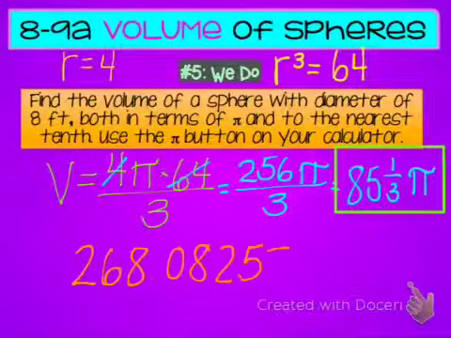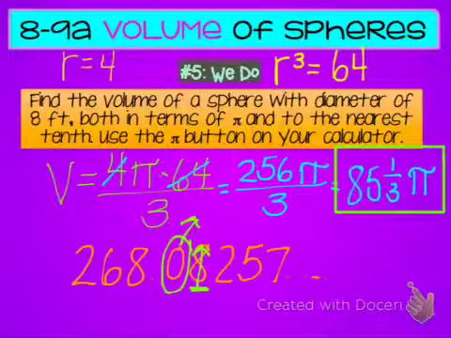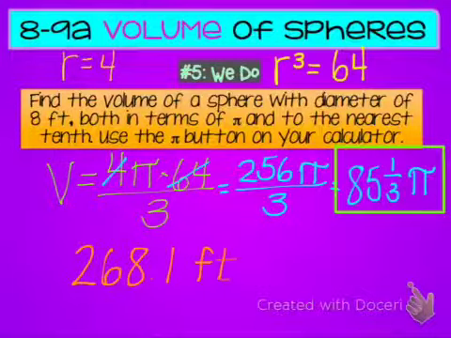So we want to take a look at our 8 to determine what to do here. 8 is bigger than 5. So we want to round 0 up to 1. So it's 268.1, and we are in feet, and they're cubic because we're still doing volume. So there's the answer for that one.